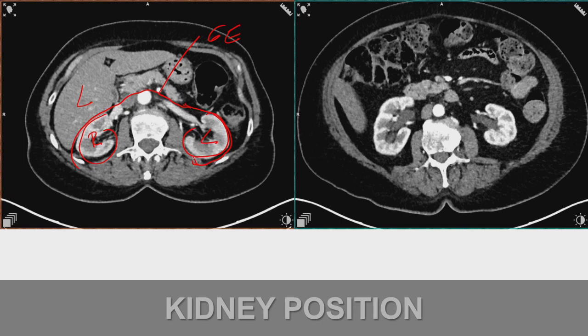And dorsally is Zuckerkandl. More down, the space where the kidney is in a fascia could be seen here. And this is the space which is the capsula adiposa, and on the surface of the kidney is the capsula fibrosa.